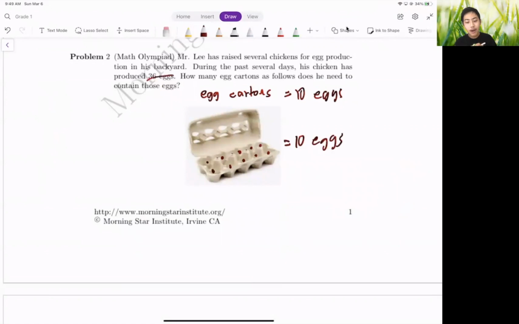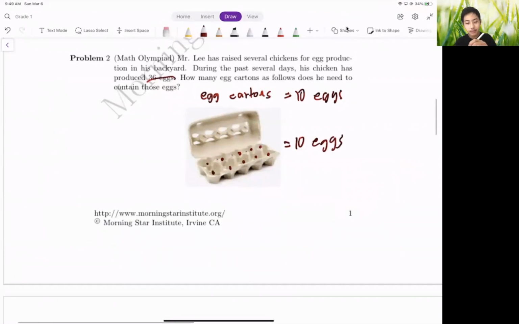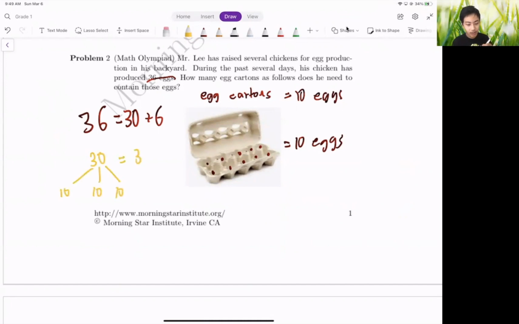And as stated above, he has produced 36. So let's see. We can divide 36 into 30 eggs plus 6 eggs, and since each carton has 10 eggs, we can store 30 of them into 3 cartons of 10, 10, and 10. However, he has 6 left over, and since he can't store any more inside these 3 cartons, he needs an extra one to store these 6 eggs.